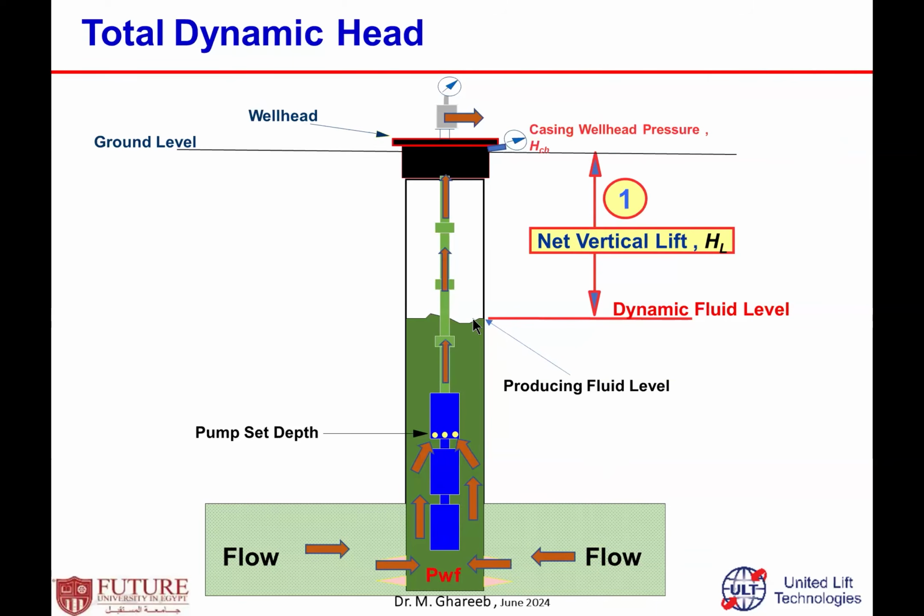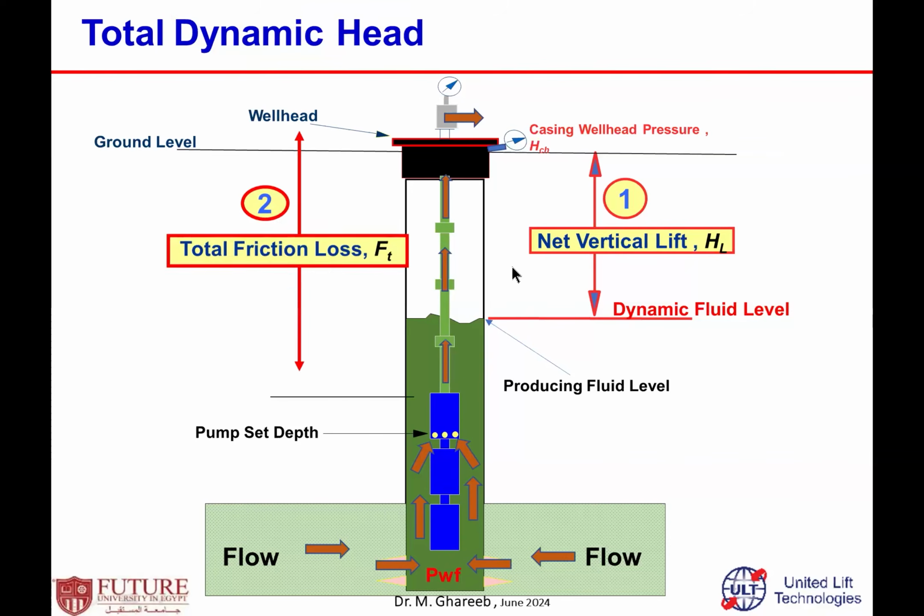The total dynamic head is equivalent to what? To the net vertical lift. Net vertical lift is the net lift from the fluid level up to the surface. We have to consider the casing pressure here. The casing pressure is also supporting us, and you have to consider this in our calculation.